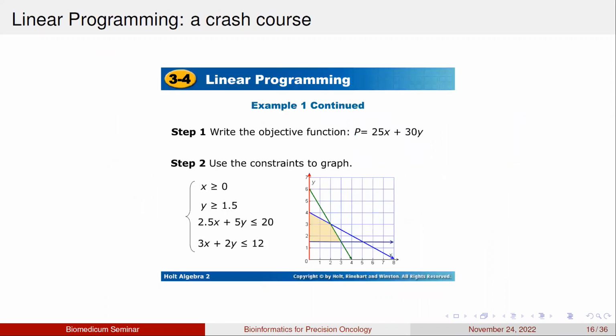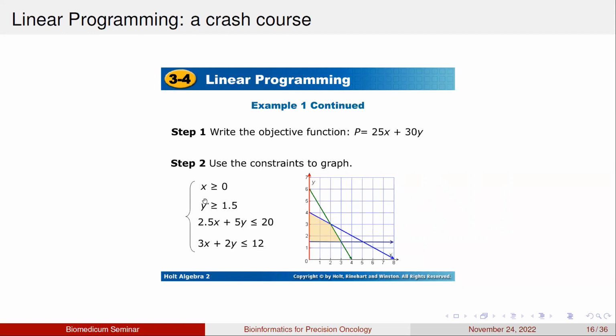So I will just give you a crash course of what linear programming is. I believe every one of us has studied linear programming during high school, where we are given multiple equations of a straight line, and we are interested in identifying the solution space for different values of x and y.